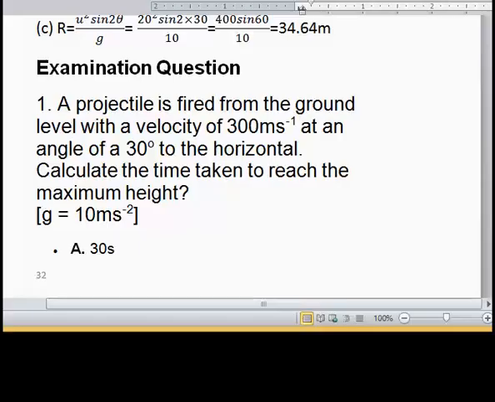The time it takes to reach the maximum height is simply u sine theta, all over g, while the time of flight is 2u sine theta over g. In this case, it's just the time to reach the maximum height. So here I'm having 300 meters per second as the initial velocity.